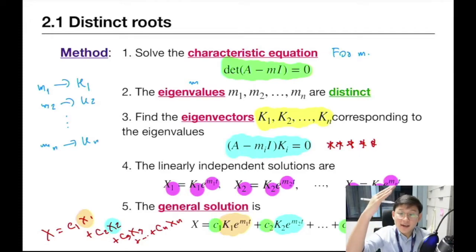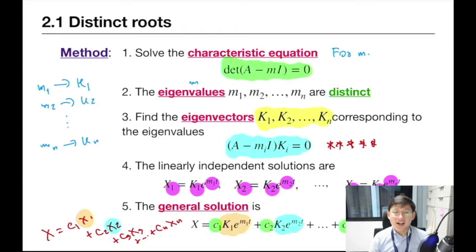Once we get them, we get x1, which is k1 e to the m1t, x2, k2 e to the m2t, x3, k3 e to the m3t, and so on. And then the solution is c1 x1 plus c2 x2 plus c3 x3 plus and so on. In other words, it's c1 k1 e to the m1t plus c2 k2 e to the m2t plus and so on. And this is the case when all the roots are distinct.